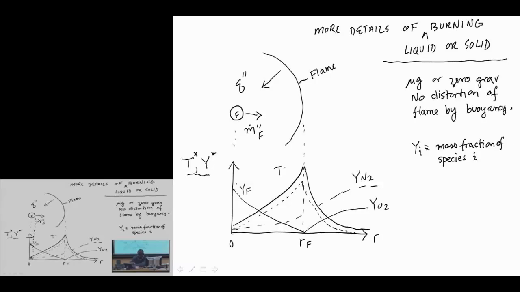If I really centered this on that, there's obviously some droplet radius RD here. So there's some mass fraction of fuel at the interface, and diffusional processes will allow that fuel to be transported to the flame sheet.